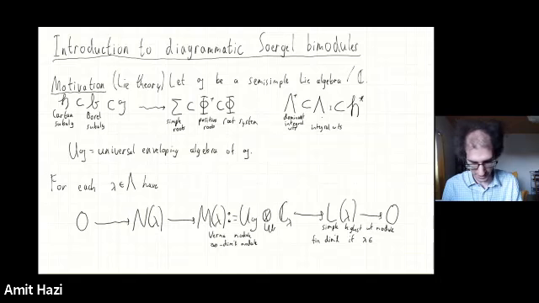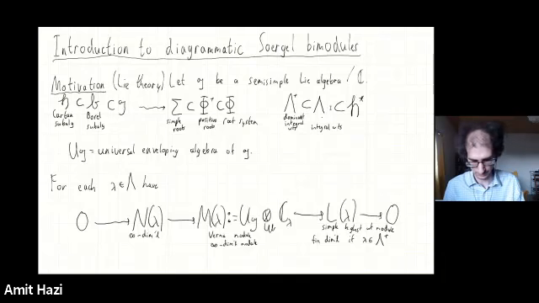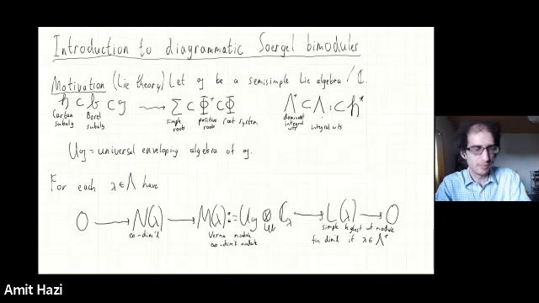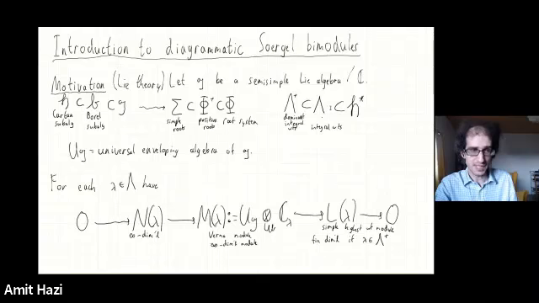And then N lambda is defined to be the kernel of this projection. And in general, this is also going to be infinite dimensional. Right, and this sort of construction is quite general. In fact, you can build all of the simple highest weight modules in this manner.